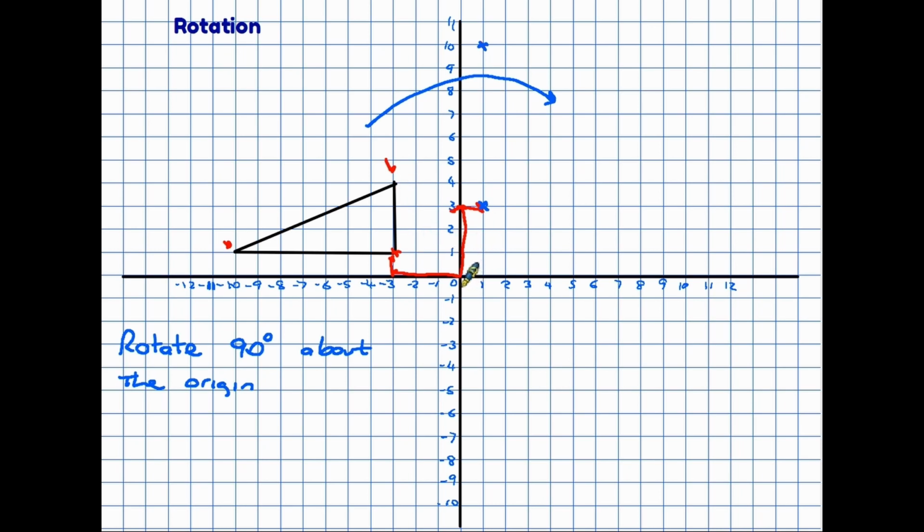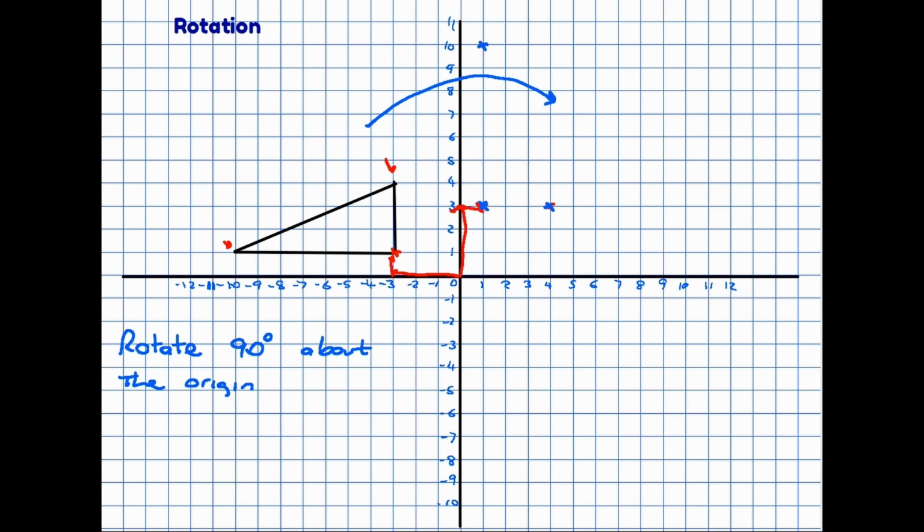So we are going to go 90 degrees around, 3 up and 4 this way. We are copying, but we are turning the movement through 90 degrees. So the third point on the triangle is going to be here. If we then join the points up of our new triangle, we will find we have a triangle which has been rotated exactly through 90 degrees about the origin here. It has been spun around.